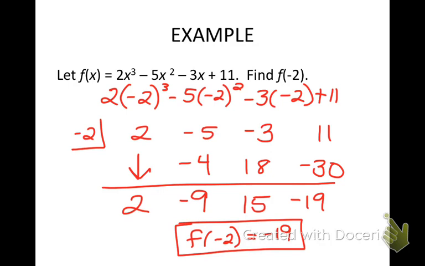I'm going to do 2 parentheses, negative 2, close my parenthesis, take it to the third power. Minus 5 parentheses, negative 2, close my parenthesis, square it. Minus 3 parentheses, negative 2, close my parentheses, plus 11. Hit enter. Do you get negative 19? Should, if you did it right. If you didn't get that, then you're probably typing something into your calculator incorrectly.